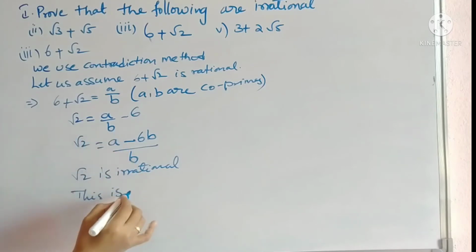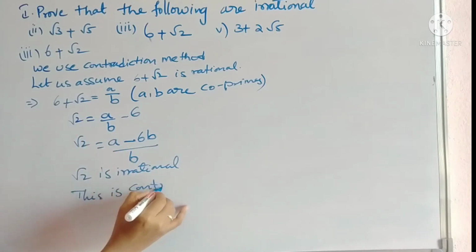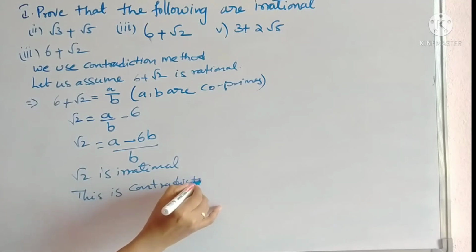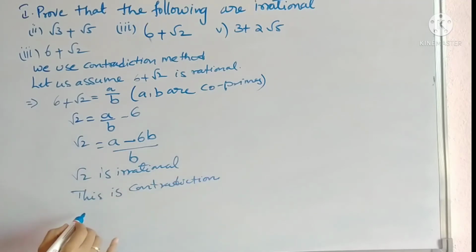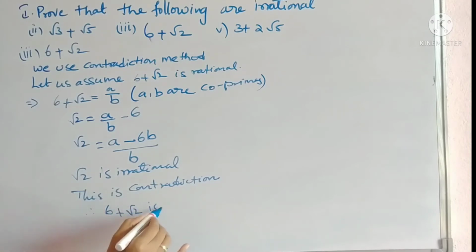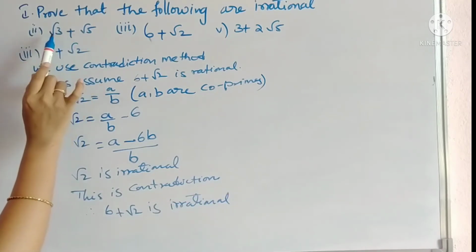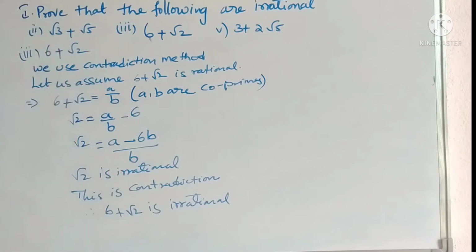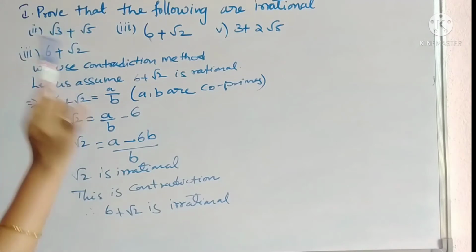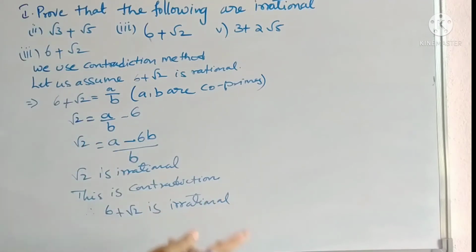So this is a contradiction. Root 2 we get in the form of a fraction, right? So this is a contradiction. Therefore 6 plus root 2 is not rational, it is an irrational number, right?